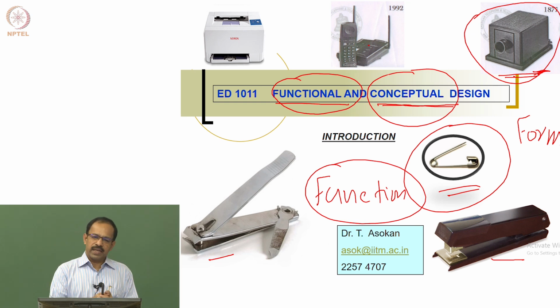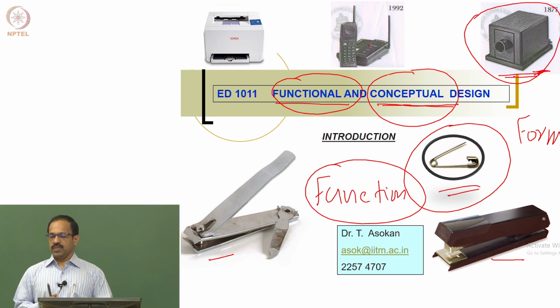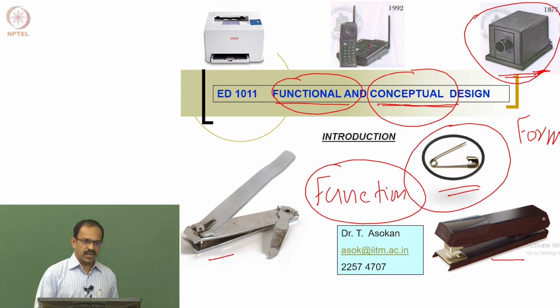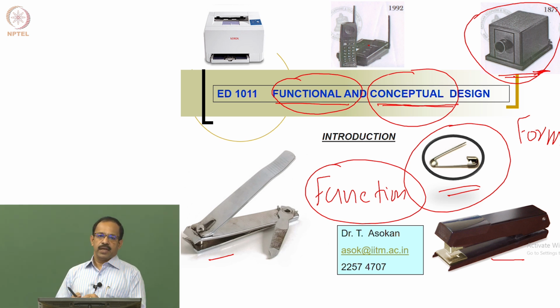Whatever it may be, we need to understand the functions of the product and how we provide these functions in the product, and that is developing the concept. So we'll be looking at these two aspects of product design, the functional aspect and the conceptual aspect.